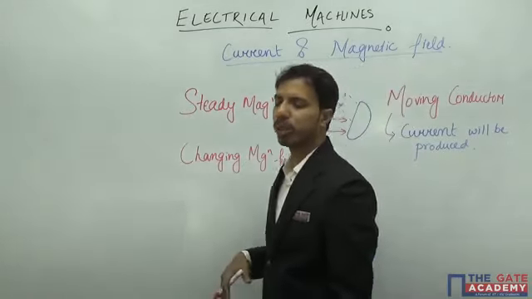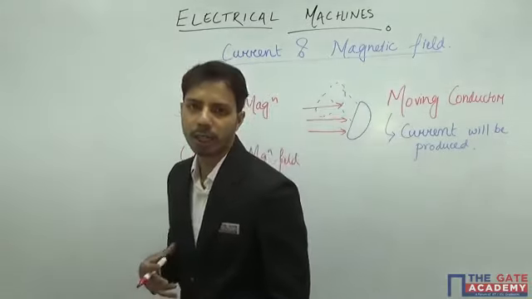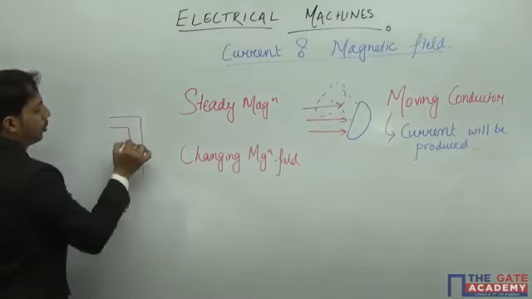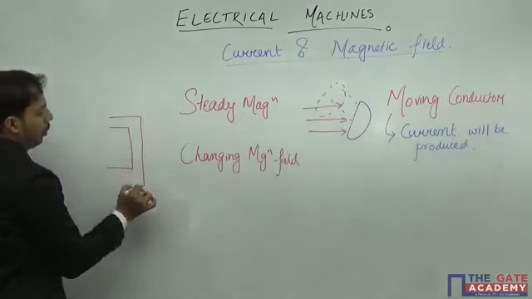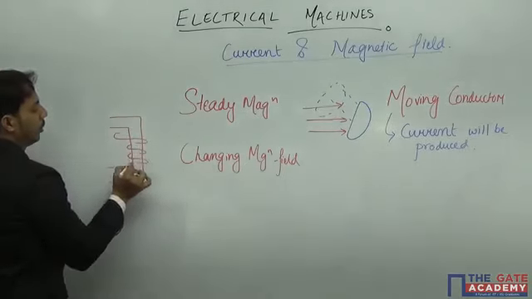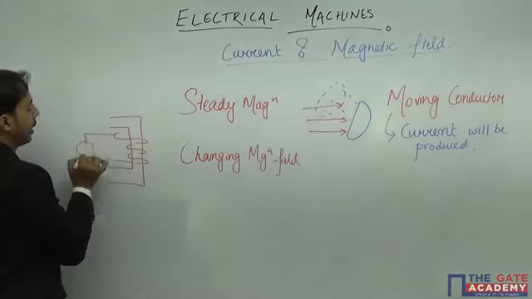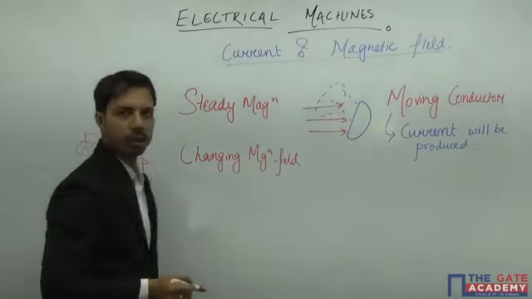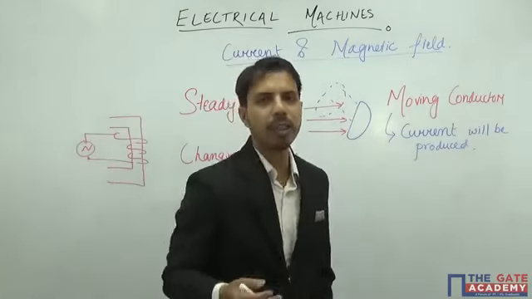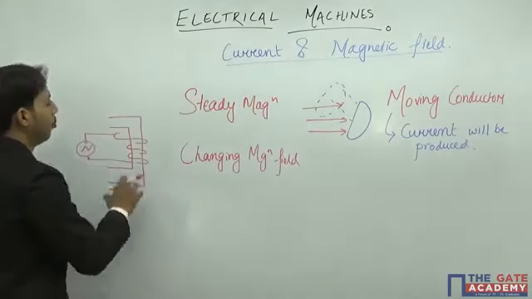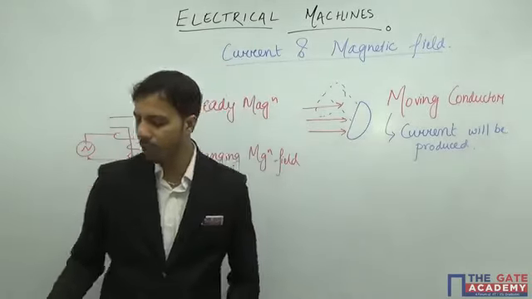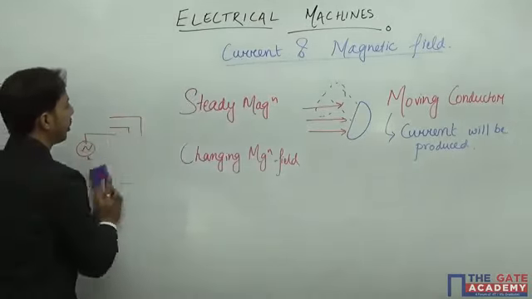Suppose I have an electromagnet or a coil here, and I am connecting it to an AC source. Now the current in the AC source will be alternating, due to which the magnetic field created in that solenoid or electromagnet will be changing with respect to time.